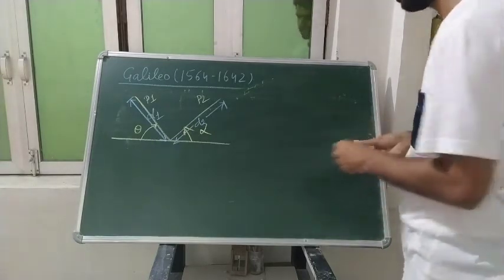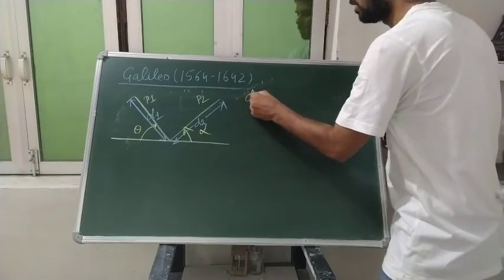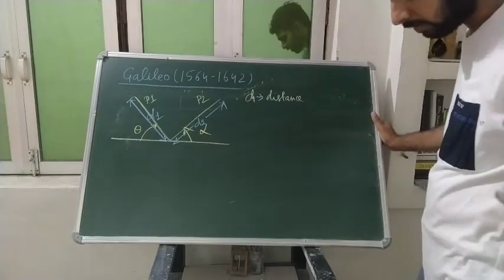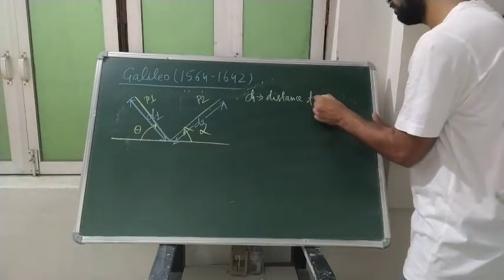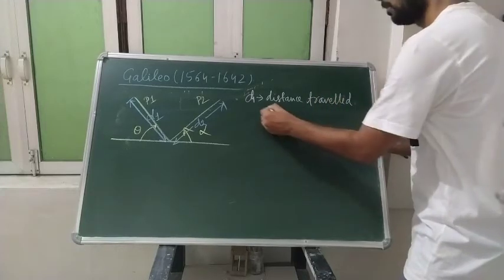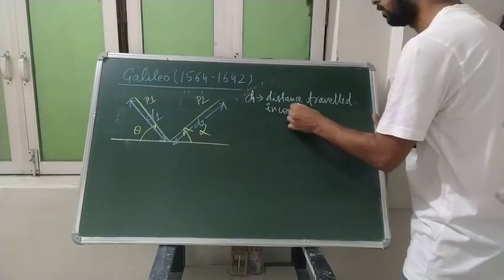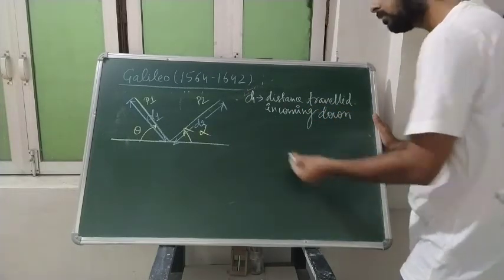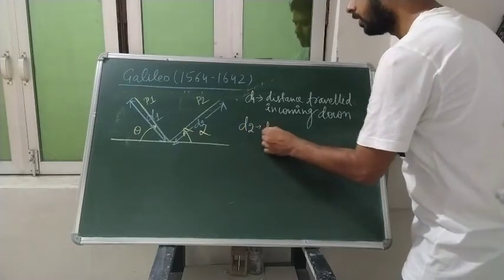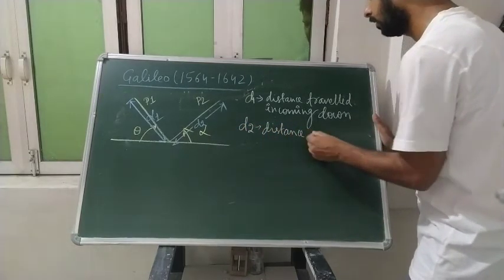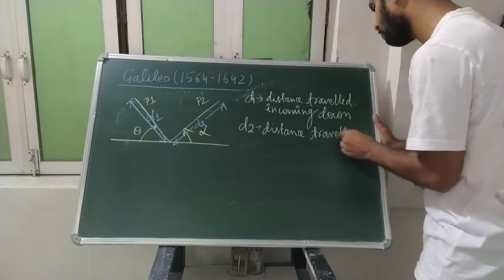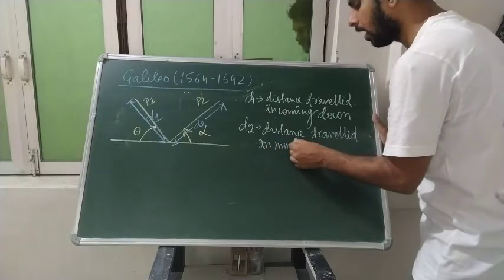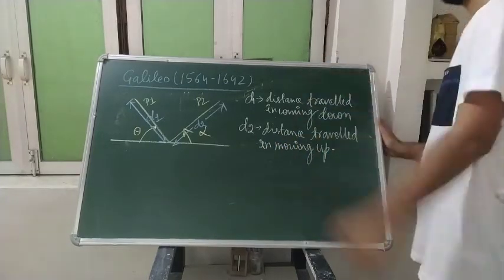Here we can say that d1 is the distance traveled in coming down, and d2 is the distance traveled in moving up.